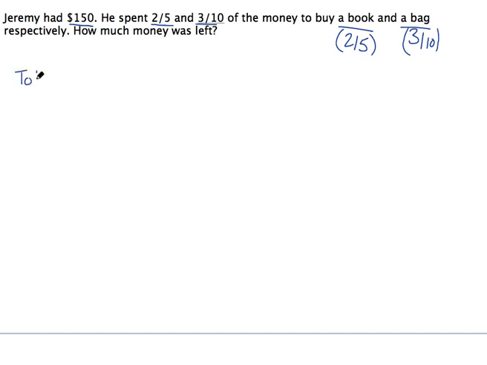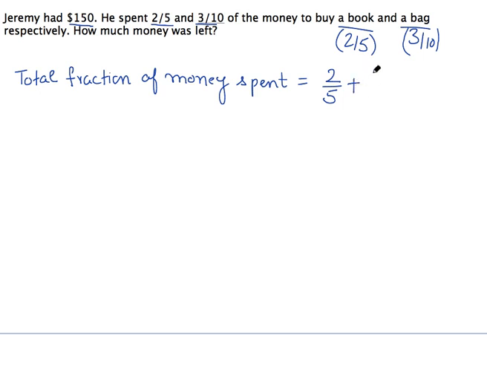Total fraction of money spent should be equal to 2 by 5 plus 3 by 10.